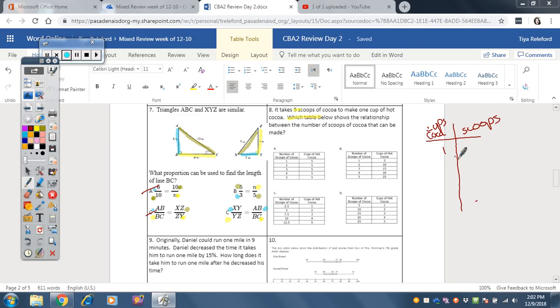If I want 1 cup of cocoa, how many scoops do I need? 5. What if I want 2? 10. What if I want 3? 15. Some of these are not in order. If I want 10 cups of cocoa, how many scoops am I going to need? It's going to be a lot. So go ahead and make a table and then cross out the ones that don't match yours.